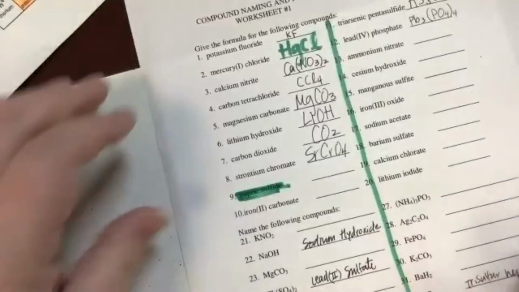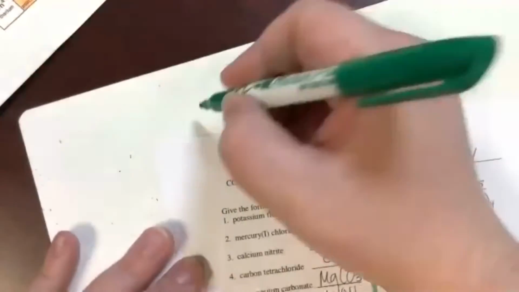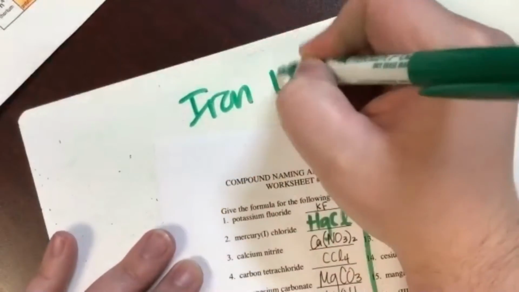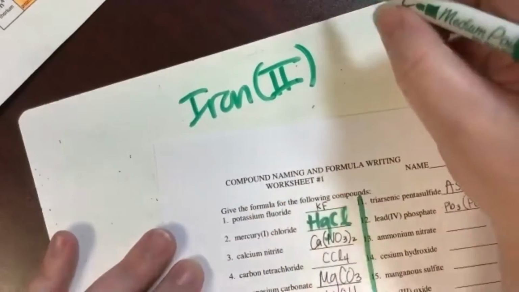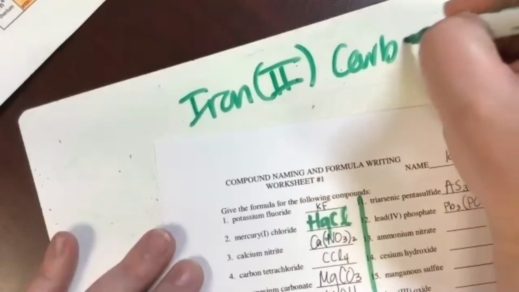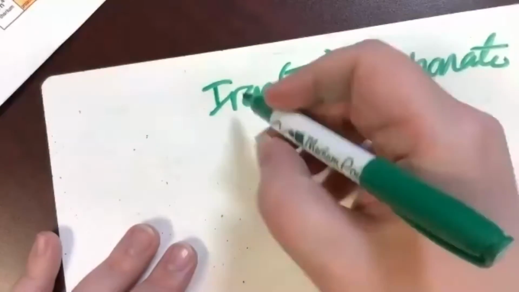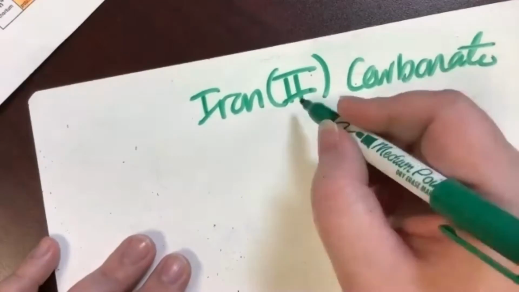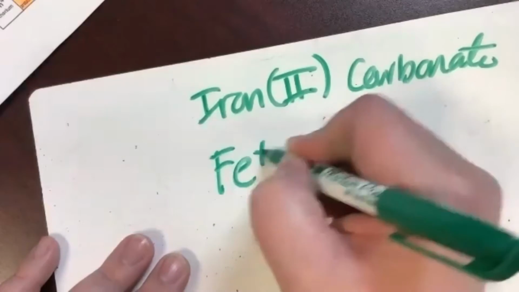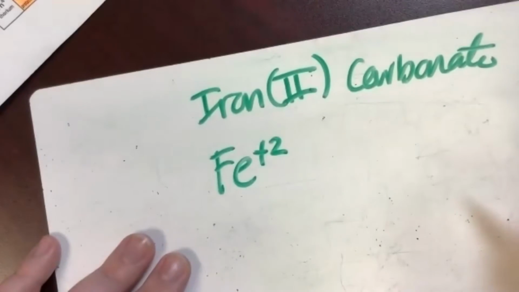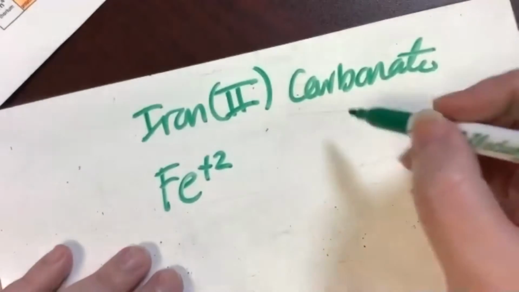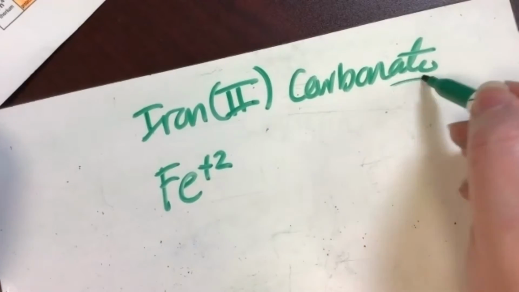All right, number 10. Iron 2 carbonate. If it's got a Roman numeral, this helps you out because if it's a 2, it means it's +2. I don't even have to look that up. Carbonate has an ATE ending, so it's going to be on this list on the back.